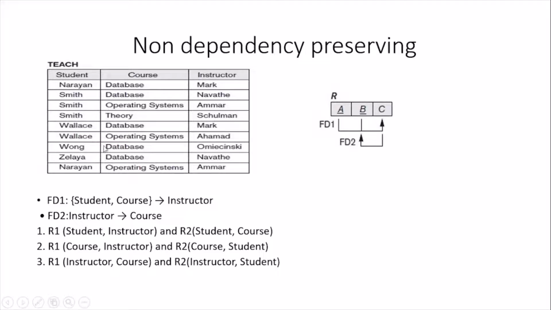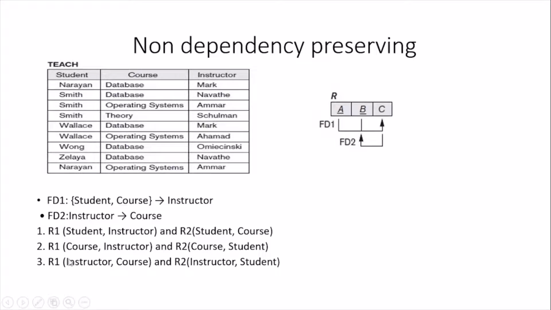So you can decompose this teach relation in three ways. We have seen this earlier. The first decomposition is R1 and R2, R1 with attributes student, instructor and R2 with student, course.